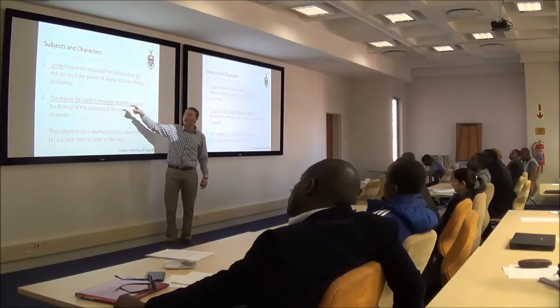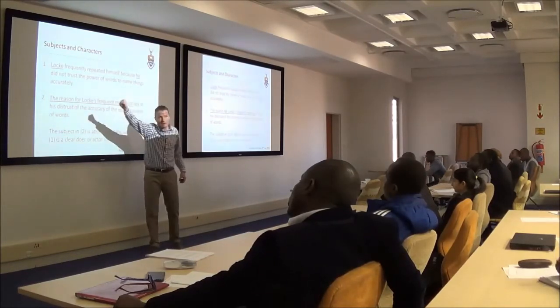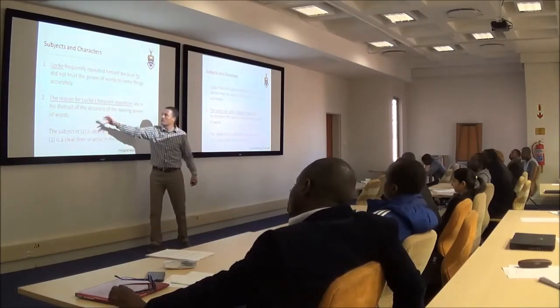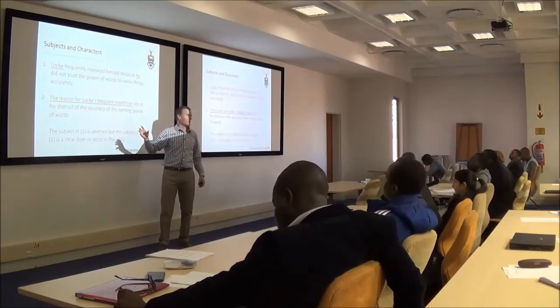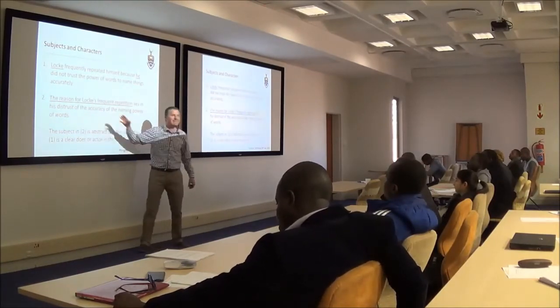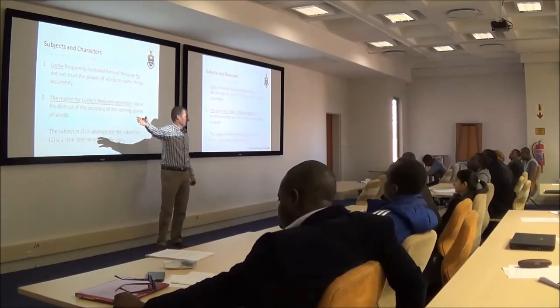The subject, which is now these 6-7 words, the reason for his frequent repetition, that's the thing that we're talking about now. It lies in his distrust of the accuracy of the naming of words. Okay, fine, that's fine. But to get into the sentence, we've had to get through a complex subject.